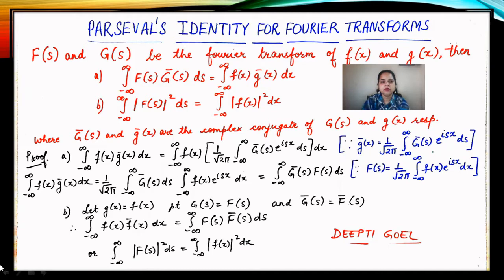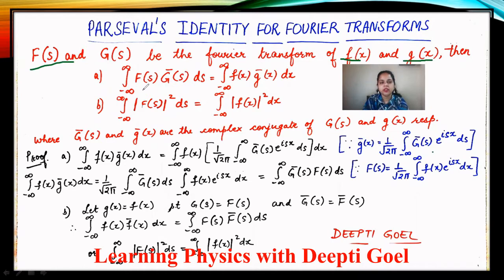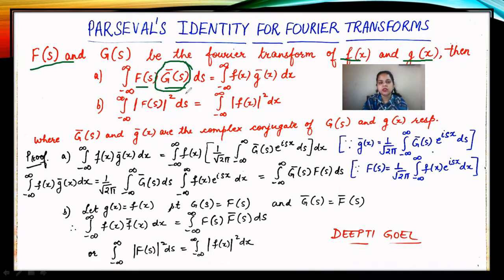So the statement of the Parseval identity is that if we have f of s and g of s, where f of s is the Fourier transform of f of x and g of s is the Fourier transform of g of x, then if the integration is carried over f of s into g bar s, where this g bar s is the complex conjugate of the g of s function, then this integral will be equal to the integral from minus infinity to infinity of f(x) into g bar x into dx, where g bar x is the complex conjugate of the g(x) function.